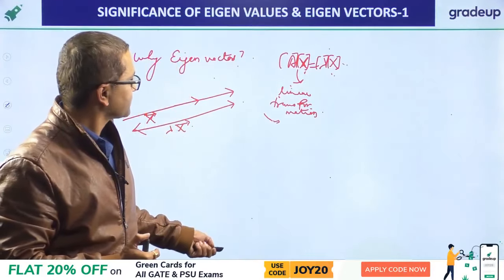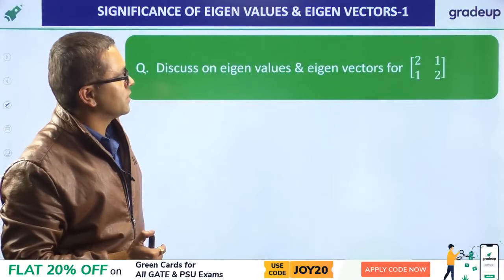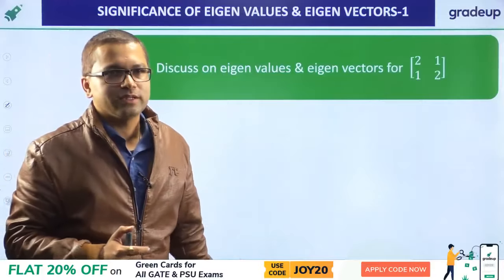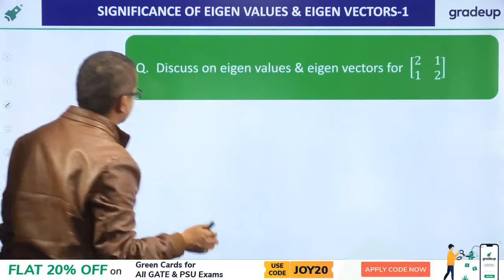Discuss eigenvalues and eigenvectors for this matrix. This is a 2 by 2 matrix given to you.